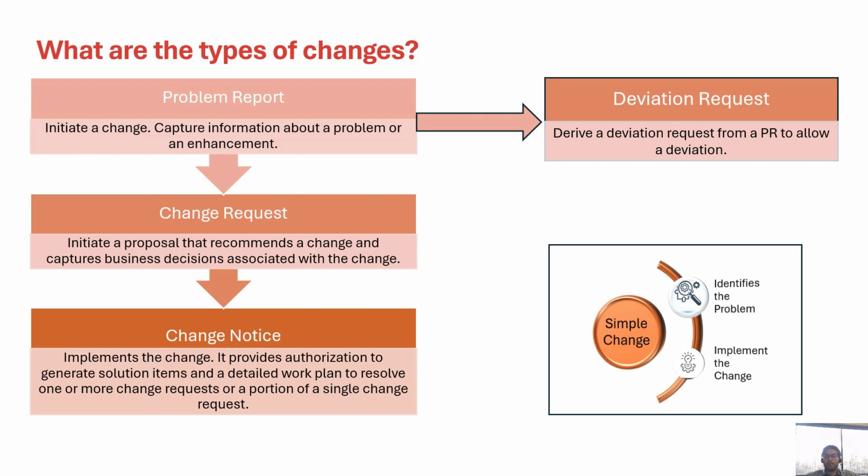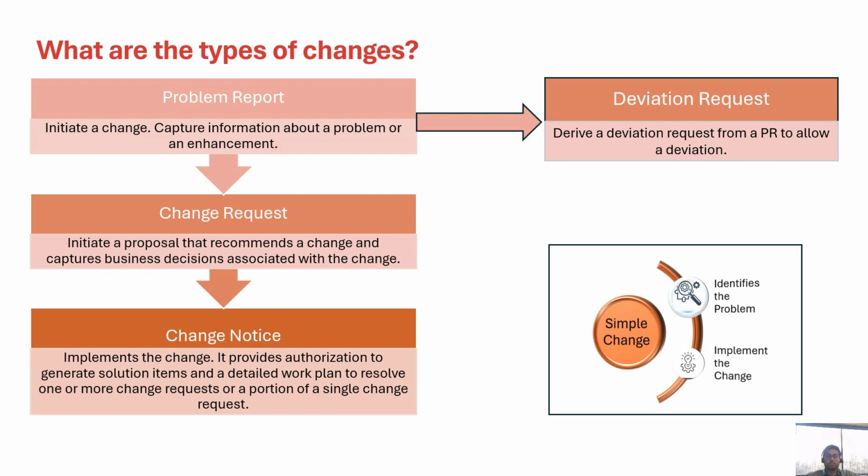But we also have a deviation request in Teamcenter. This is a type of change request that asks for permission to temporarily change a solution in production to fix a problem. There are generally two types of deviation requests. It could be a request for deviation or a request for waiver.